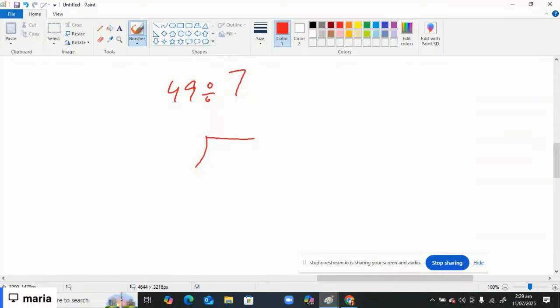So 49 is divided by 7. What is the answer? Putting 49 inside of that. So 7 times 7 is 49. So the answer is 7.